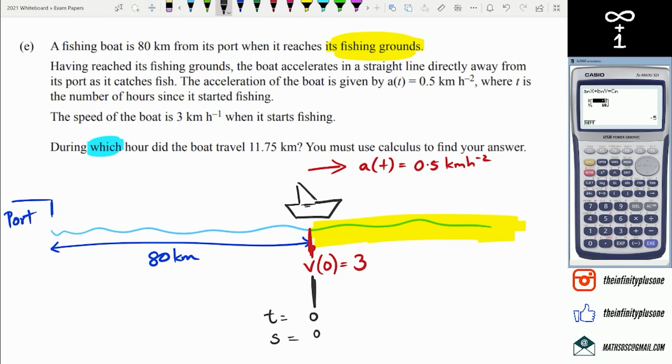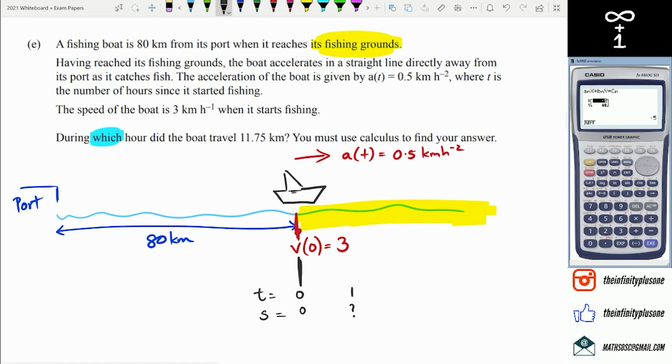We're just looking at which hour the boat traveled 11.75. So s is going to be 0. When t equals 1, we don't know what s is. It's going to be something. But what we're going to figure out, like the question is trying to ask, is the question mark minus 0 equals 11.75?